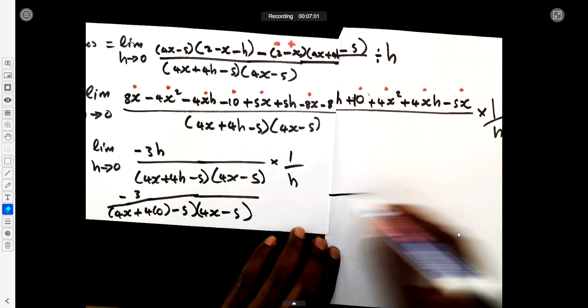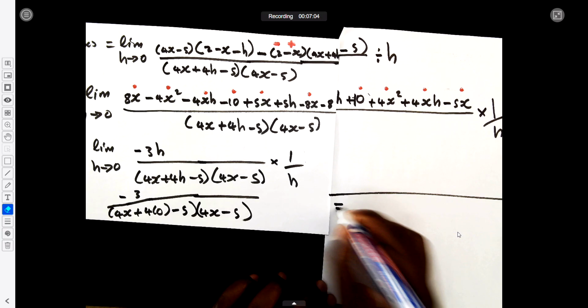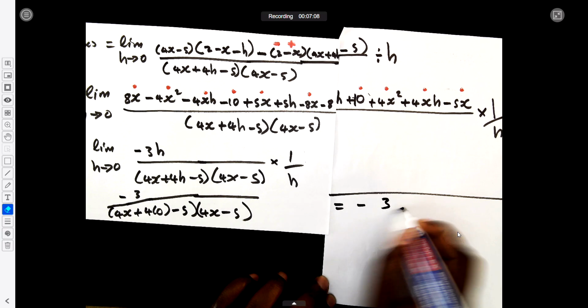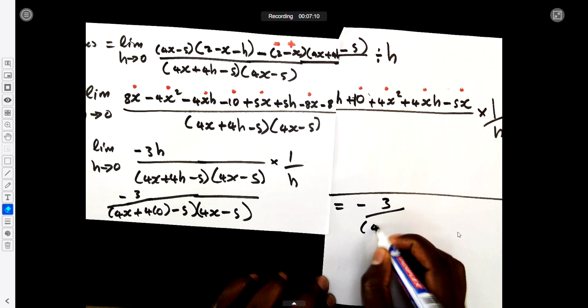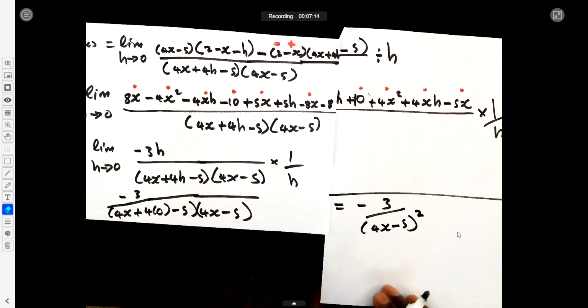The answer will be negative 3 all divided by 4x minus 5 all squared. If you want to multiply out, you can. Because 4 times 0 is 0, you're left with 4x minus 5.